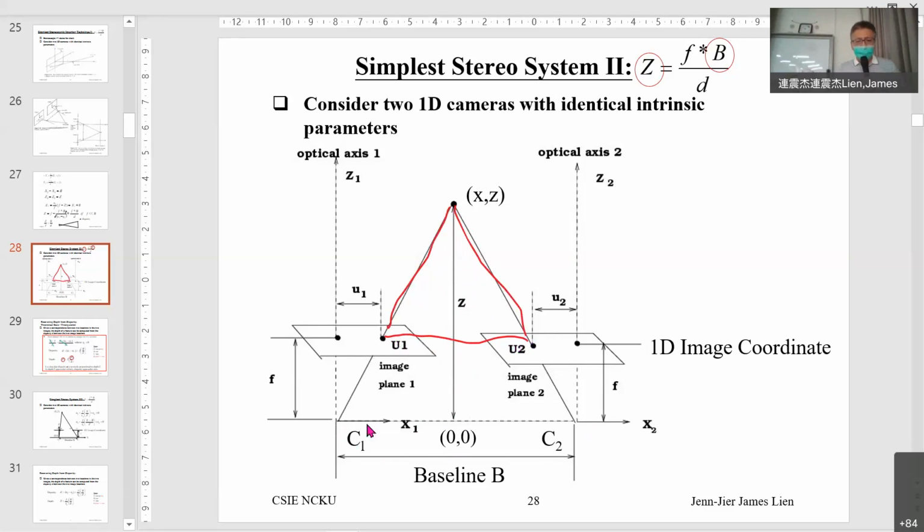I say again, this Z compared with this distance equals the baseline compared with this one. This small triangle compared with this big one: this height compared with the entire height equals the baseline.